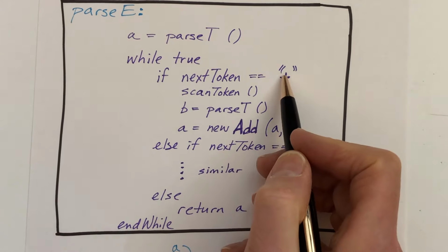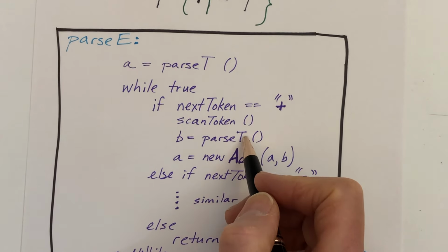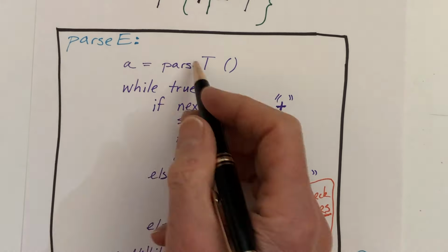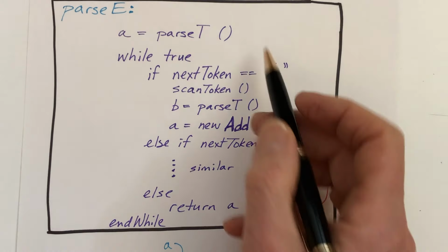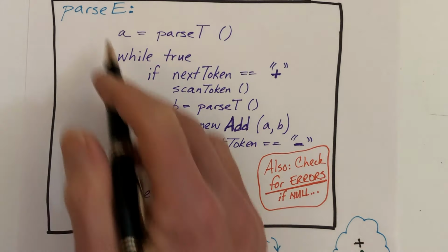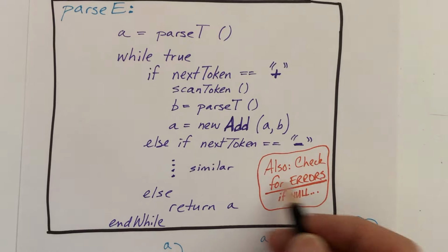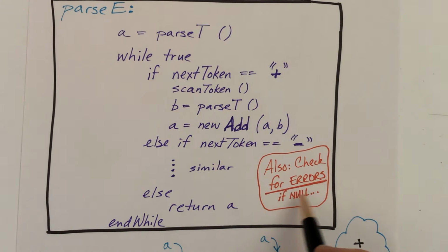We look at the next token. If it's a plus, then we scan it, and then we parse another T, and we build an add node, and we keep going. If it's a minus, we do a similar thing. If there's no plus or no minus, then finally we return A. So we're building up A all the while. I've left out the error checking code here, but you could figure that out. It's pretty straightforward. We just check for null.